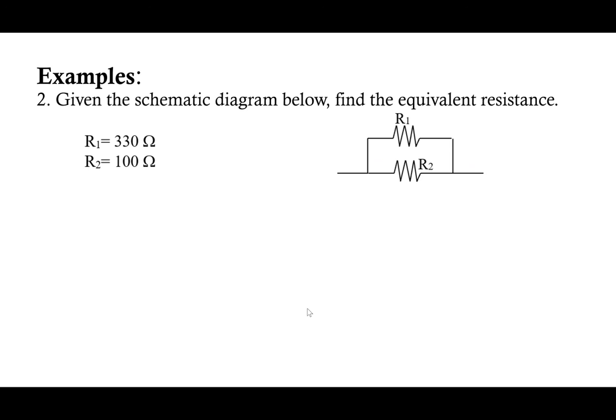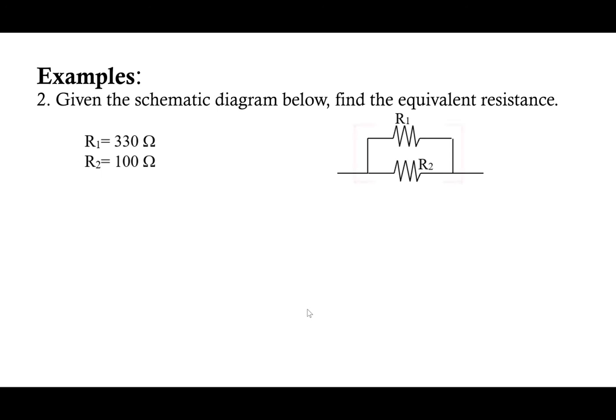Over here, if you notice, if we start at the far left-hand side and we move our finger along, we suddenly come to a branch or a junction. There's a point where there's two different ways we can go. We can either go through the 330 ohm resistor or through the 100 ohm resistor, but our one finger can't go through both and get to the other side in one trip.